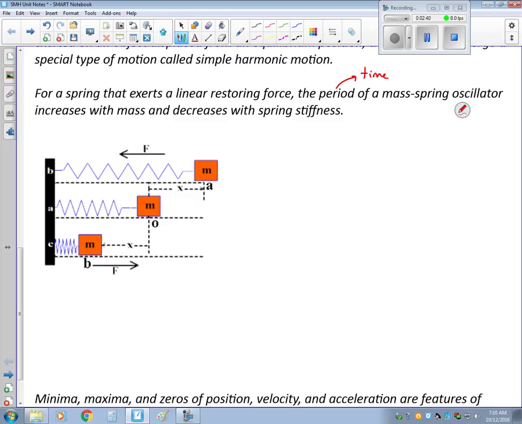For the mass spring system, the period will increase if we put a larger mass on there because it has a greater inertial mass. It's harder to accelerate, so it will take longer for that large mass to move back to its initial starting point. Or if we increase the spring constant, the elastic force becomes greater, so it will accelerate that mass more easily and move faster, so it would have a smaller period.